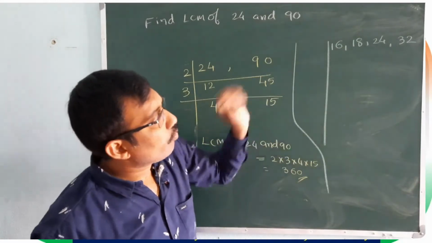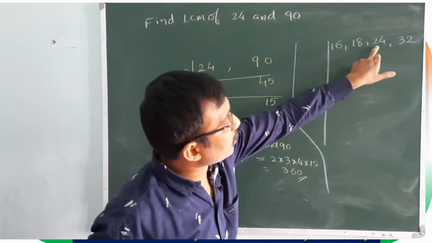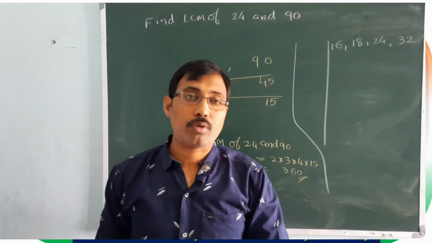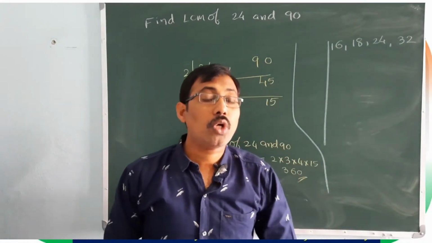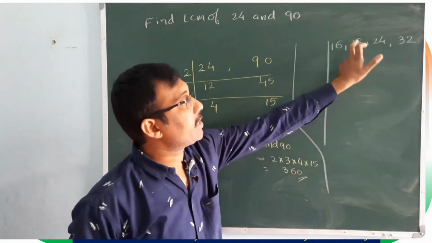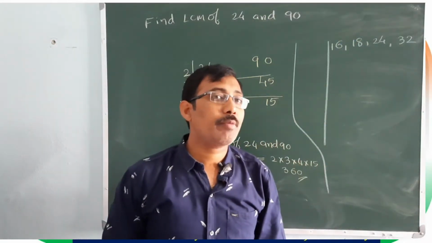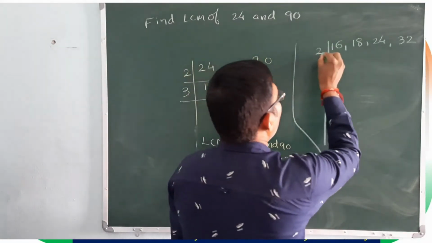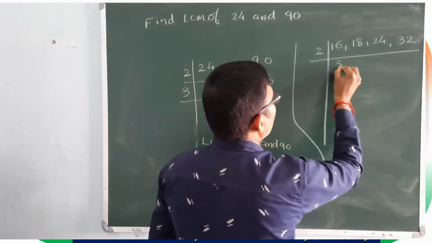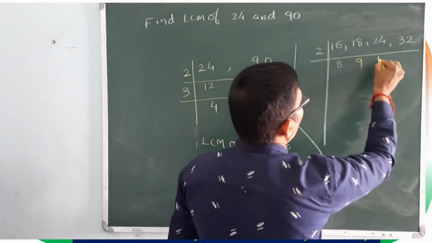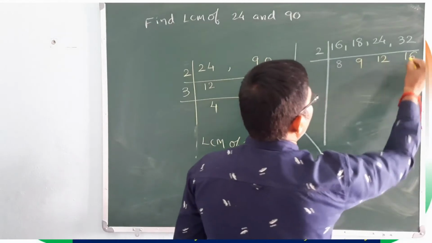For example, 4: 4 fours, 4 sixes, 4 eights. But 18 is not divided by 4. So we cannot take 4, because 18 is divided by 2, so the maximum number is 2 here. The first divisor is 2. Write the quotients: 2 eights, 2 nines, 2 twelves, 2 sixteens.